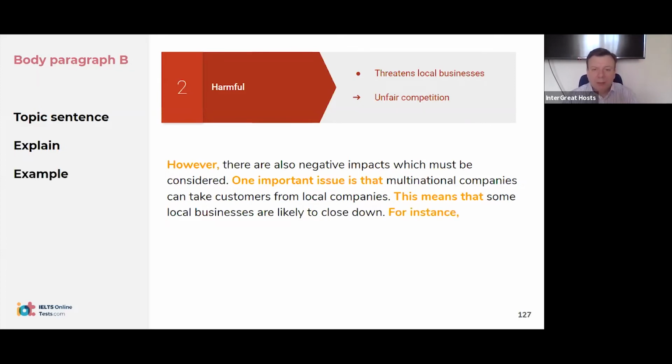So give an example. So for instance, global change such as, so we've got one, Coca-Cola. Can you think of another one? Neo, good.